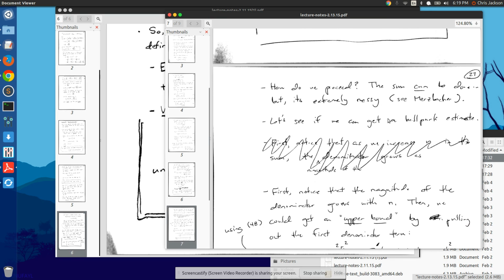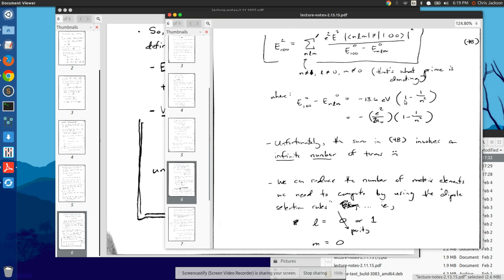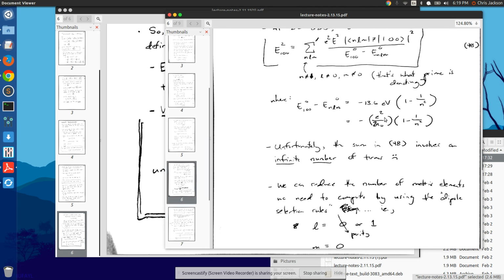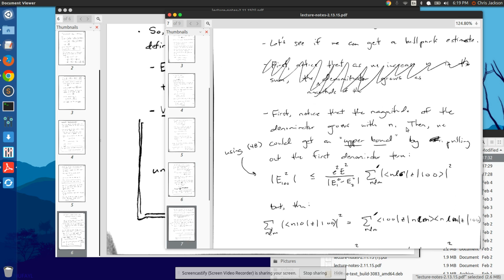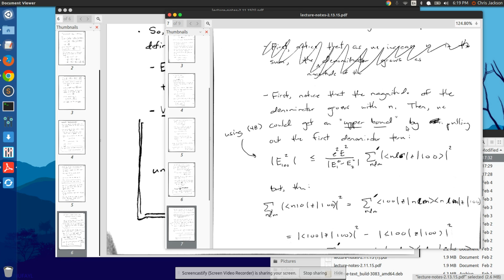The first thing we want to notice is that the magnitude of the denominator is going to grow as n becomes large. As n becomes large, remember this thing gets closer to 1, so it's getting larger. And because of the minus sign, if we pull out the denominator of the first term, it's going to give us an upper bound.